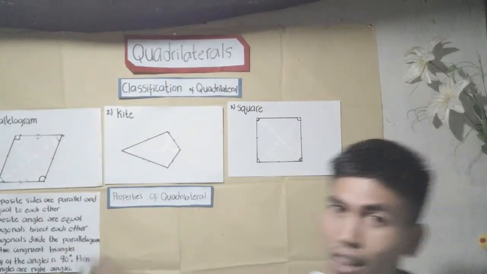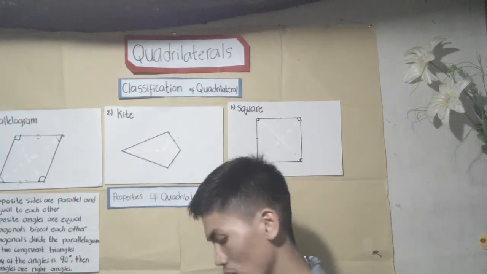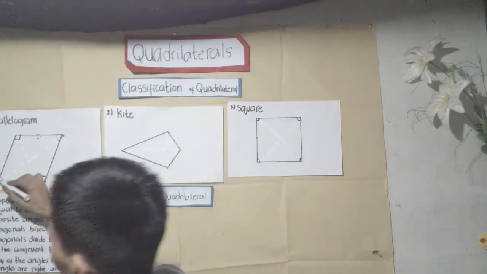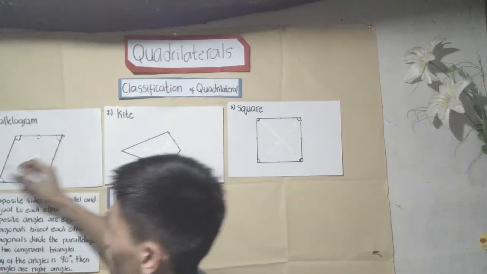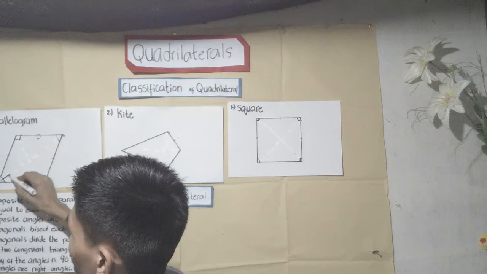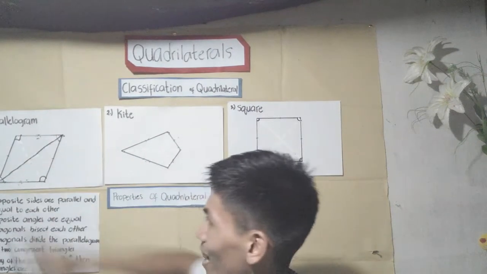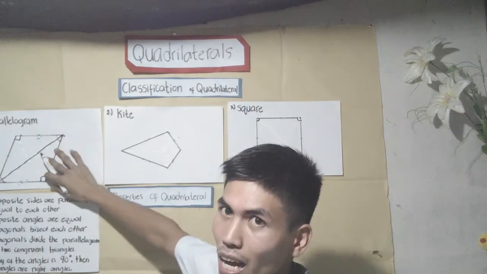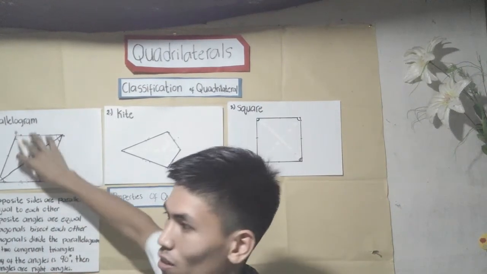Then the diagonal divides the parallelogram into congruent triangles. So let's put a diagonal here, a line segment. This line divides the parallelogram into congruent triangles.